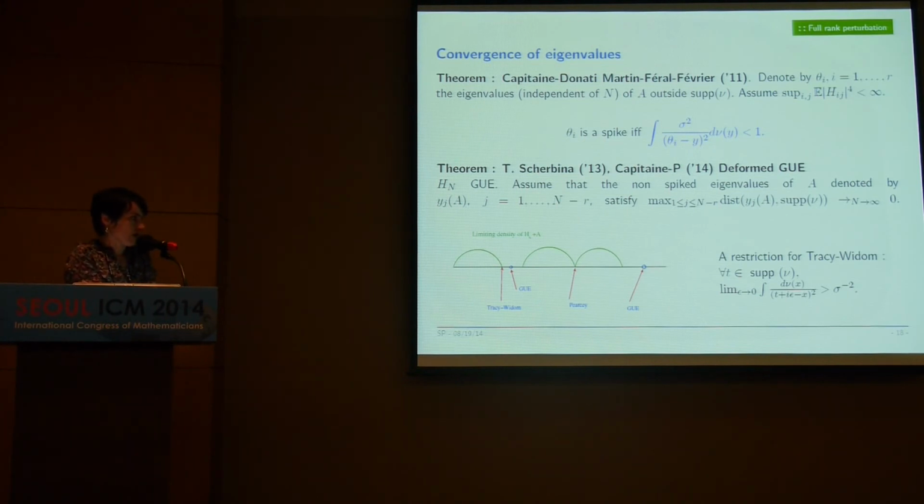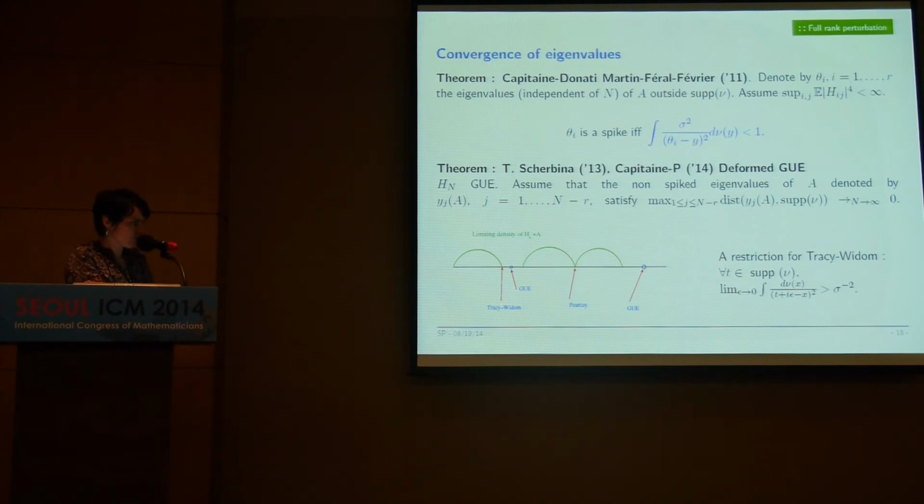However, for the Tracy-Widom distribution to be true, we need this condition. This is a necessary condition. If this condition is not true, then we obtain at the edge of the spectrum Gaussian fluctuations.